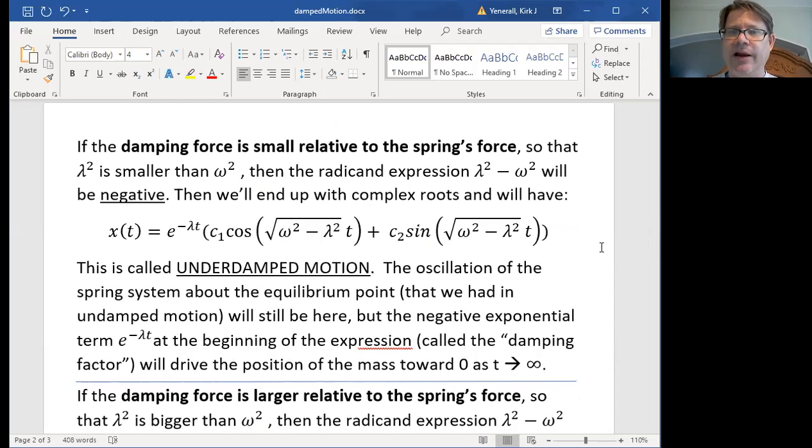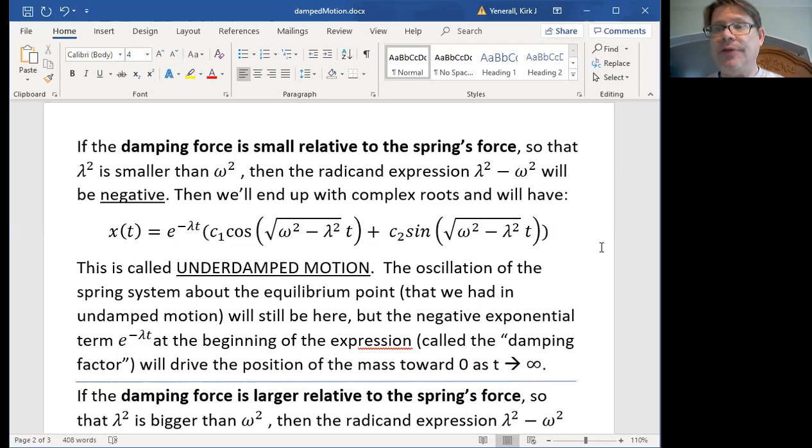If lambda squared is smaller than omega squared, which is what will happen if the size of beta is small compared to the size of k, then that radicand expression, lambda squared minus omega squared, that we had in the root will be negative. And that's going to happen exactly when this damping force is small compared to the spring force. Well, that means we'll have a negative radicand, which means we'll have complex roots.